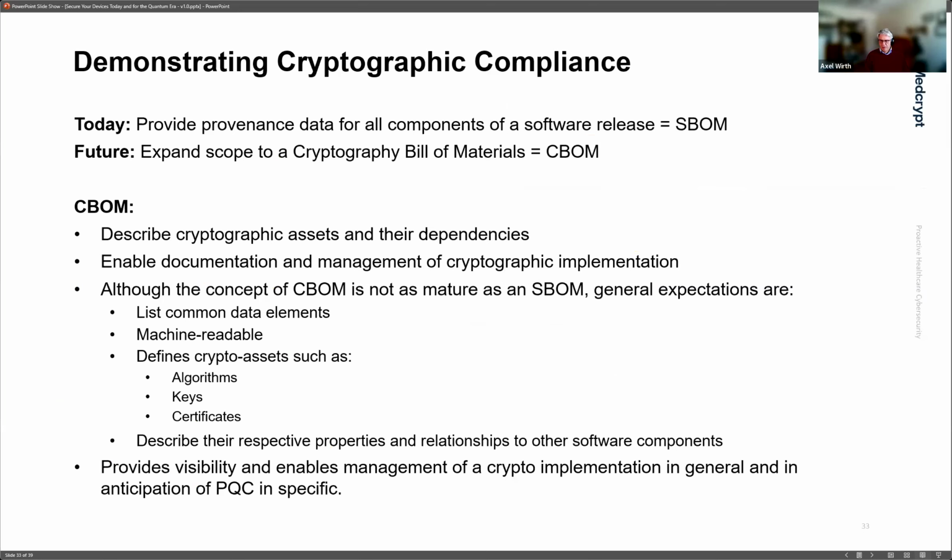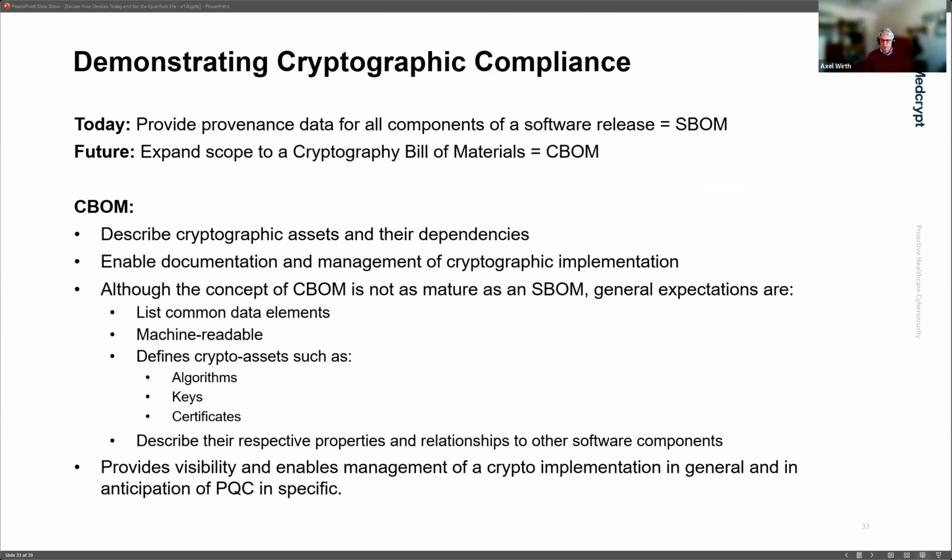So what you need to do is demonstrate to the FDA that your security implementation meets FDA expectations, and that includes your cryptographic compliance. Is your cryptography at the level it needs to be?